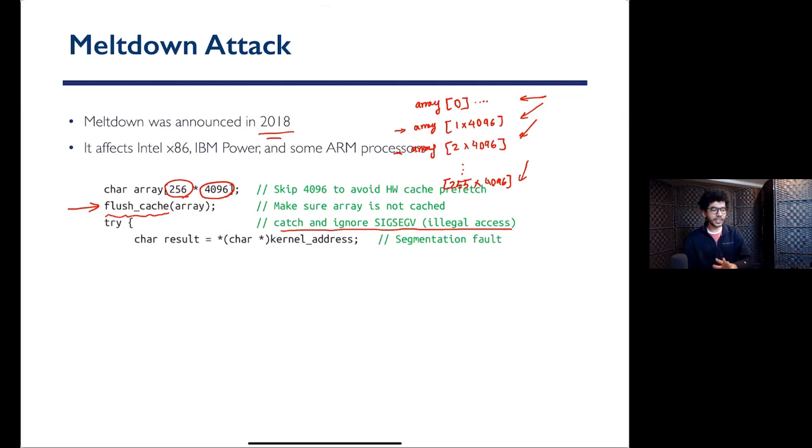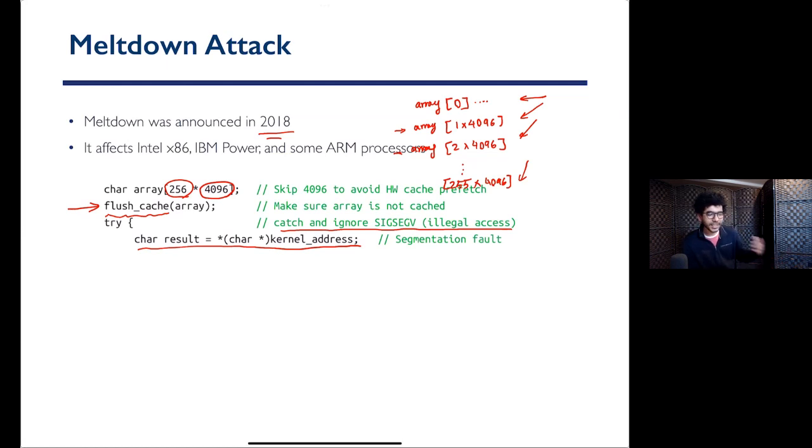Okay, so there's a technique to handle signals, and we didn't talk about how you can handle signals. There was an example I showed you to define a signal handler, but let's assume that you're defining this signal handler for SEGV. Now, what am I going to do? I'm going to access a kernel address, an address that is illegal to me.